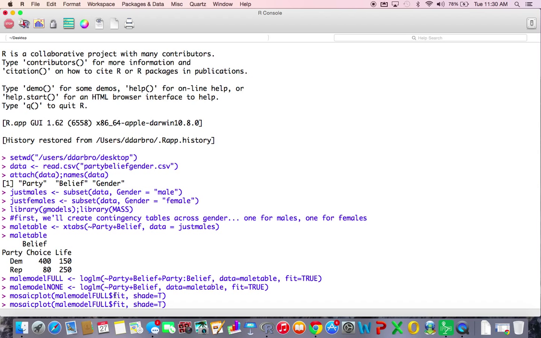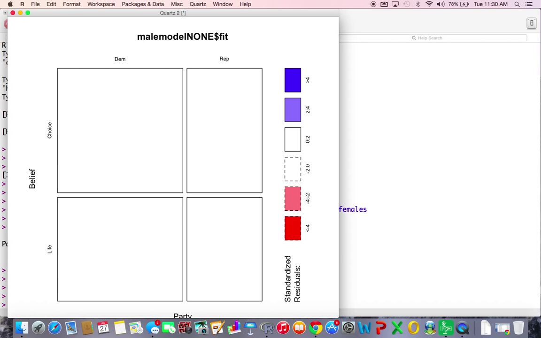Now you're going to see something interesting happen with the mosaic plot. Instead of the full interaction model, I want to do the none model and take a look at it. So we're not including the interaction across party and belief. I know what the results actually turn out to be.